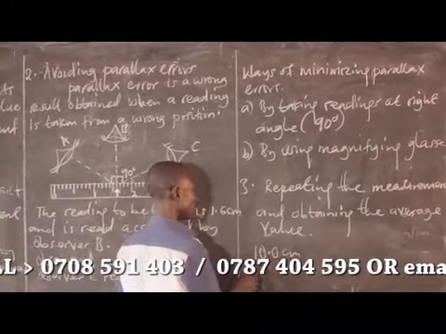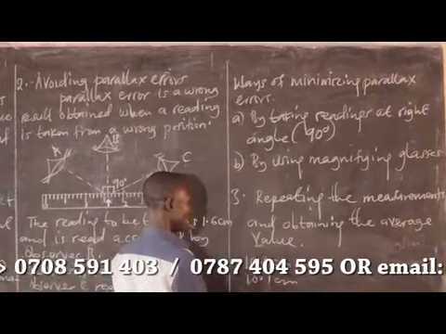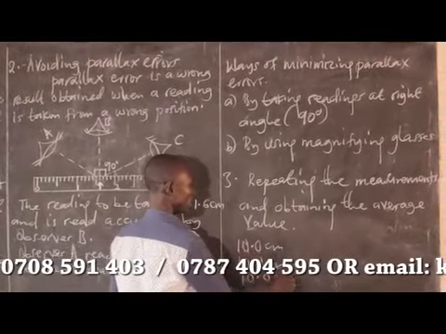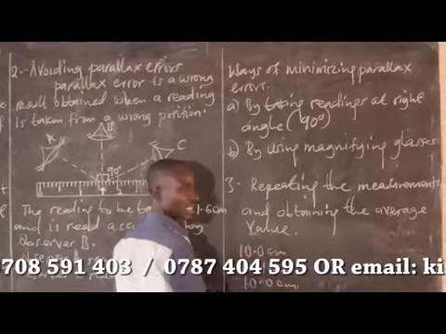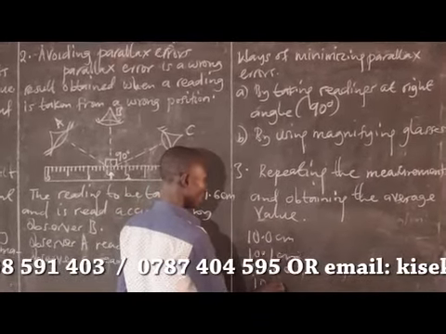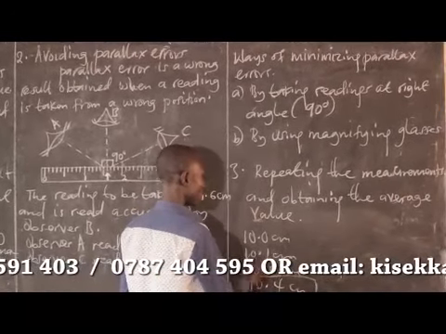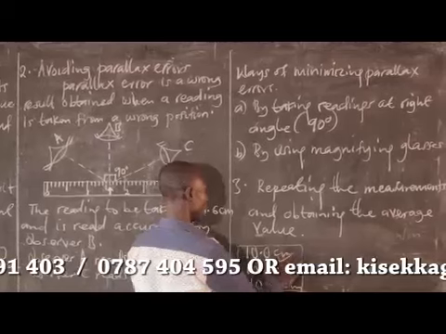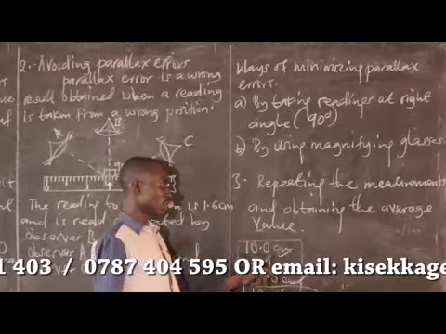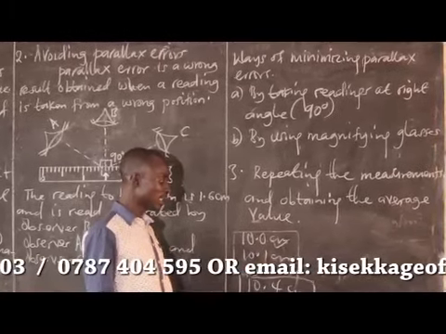Then you are measuring again and getting 10.1 centimeters, then maybe 10.0 centimeters, then 10.4 centimeters. Ignore this and consider this. In most cases, the similar ones are correct. Consider those ones.